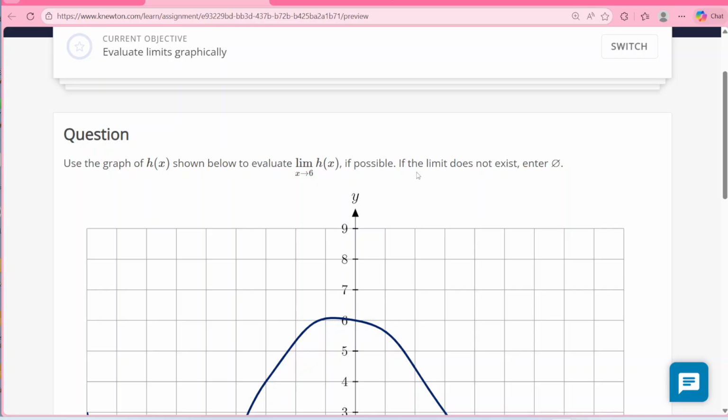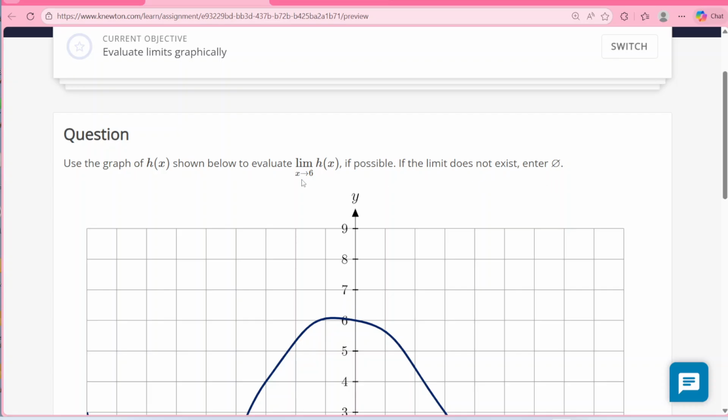And if the limit does not exist, enter this, the empty set symbol, the does not exist symbol, a little circle with a slash through it. This should be part of the keyboard.